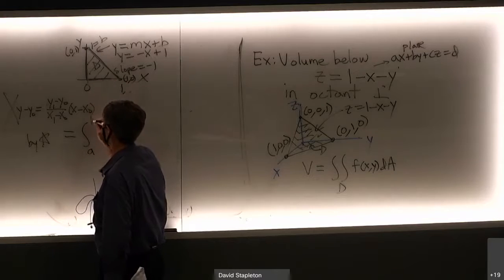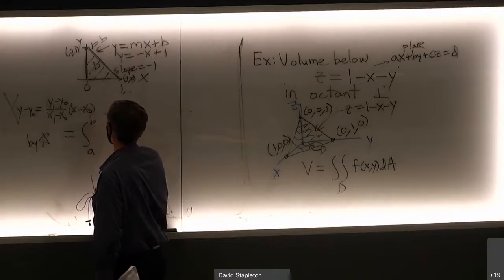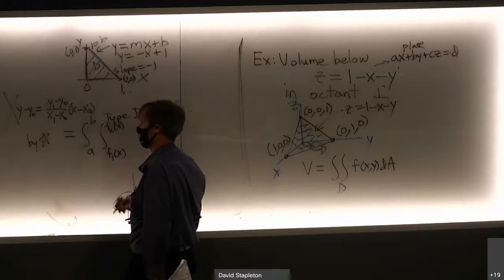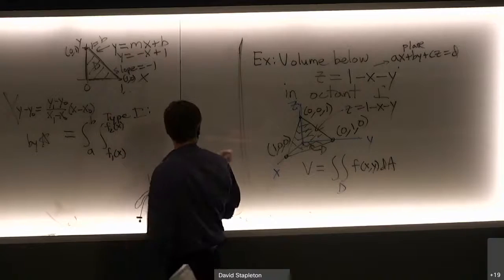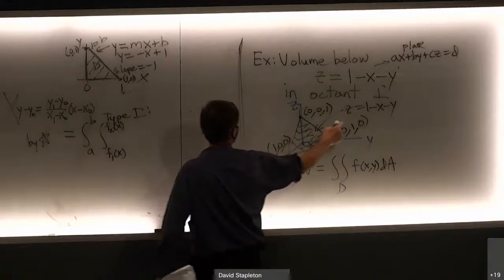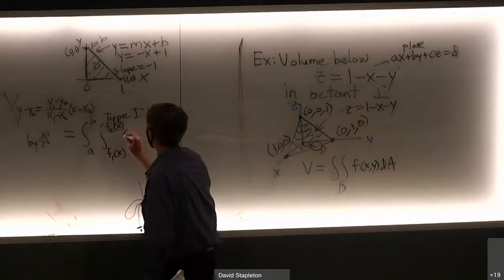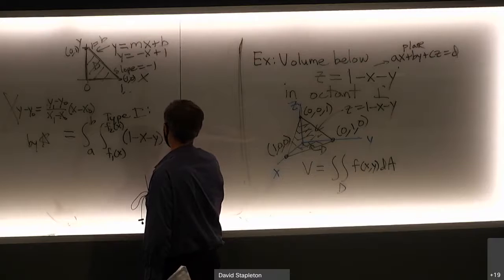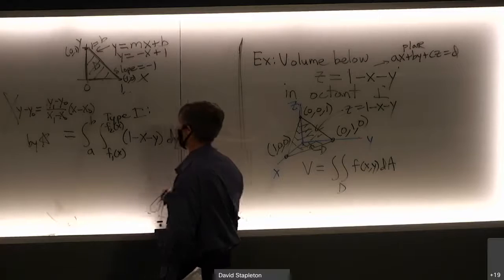Let's do a type 1, and say then x goes from a to b, and y goes from f1 of x to f2 of x. This is the easier one to visualize because it's the orientation we're used to, of f(x, y), the surface, 1 minus x minus y, dy dx. So that's by equation star.